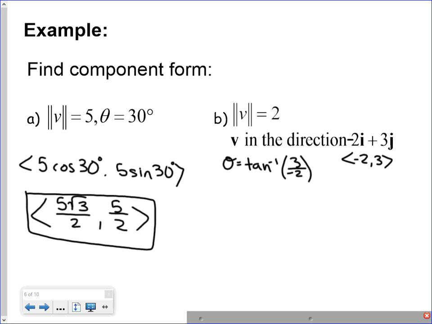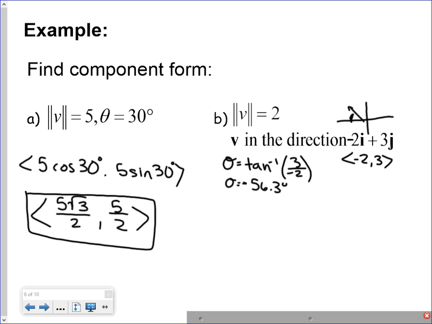And when I do the angle there, I get negative 56.3 degrees. Okay, now obviously I know something's up, right? Because it needs to be between 0 and 360. So you might think about this vector, negative 2, 3. That negative 56.3, that must be this angle right here. It's 56.3.